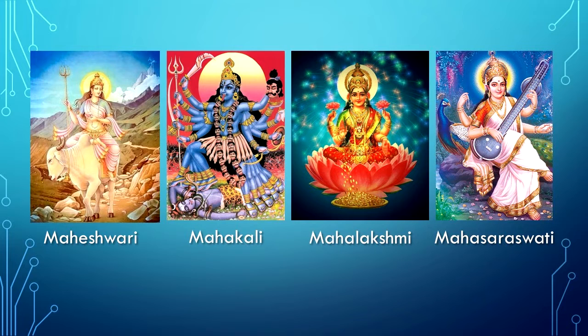Mahakali is the strength, the power, which removes all the obstacles standing in the way and preventing us from reaching the divine. She is fierce and powerful and merciless to all the enemies of the divine.